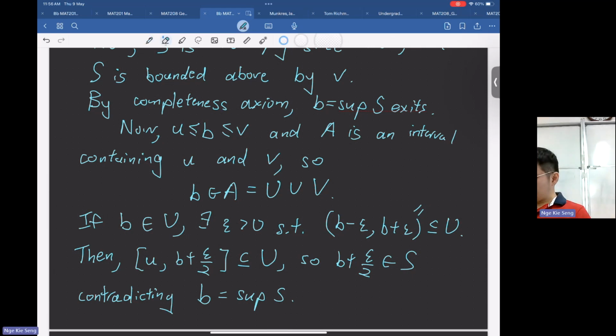If you take this epsilon neighborhood and intersect it with A, what I want to claim is that even if you intersect with A, you can still find an open interval that looks like that, because A is an interval.